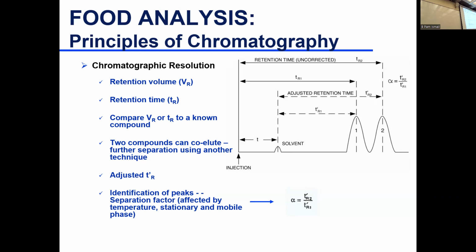You get the adjusted retention time of the second peak over the first peak, and that's the factor of separation. That's constant under similar conditions: the same column, the same mobile phase, the same dilution. This will all make it constant.